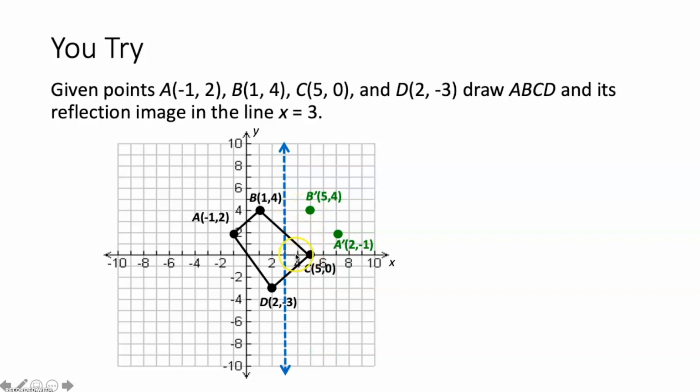C is 1, 2 units from the line of reflection on this side, so on the opposite side we go 2 units, 1, 2, and there is C prime. And then D is 1 unit away from the line of reflection on this side, so we go 1 unit on the opposite side, put D prime. We connect those dots, and that is the reflection of quadrilateral ABCD over the line x equals 3.